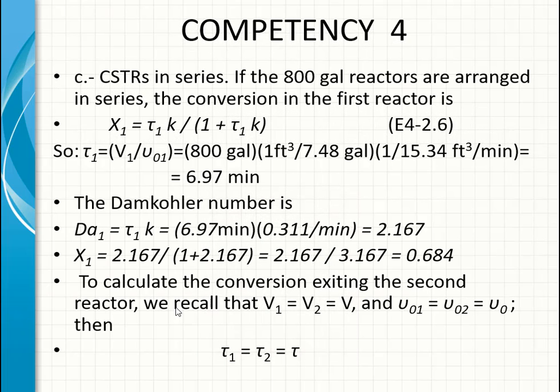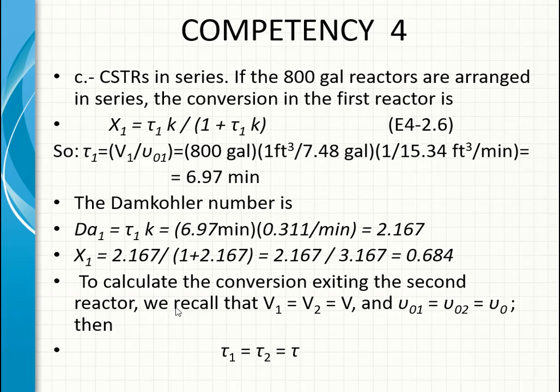But what about if we put the two reactors of 800 gallons in series? Well, if we put them in series, the conversion from the first reactor is going to be tau 1 K divided by 1 plus tau 1 K, and tau 1 is going to be the volume, the 800 gallons, divided by the volumetric flow rate, but now the volumetric flow rate is going to be 15.34 because all of it is going to one reactor.